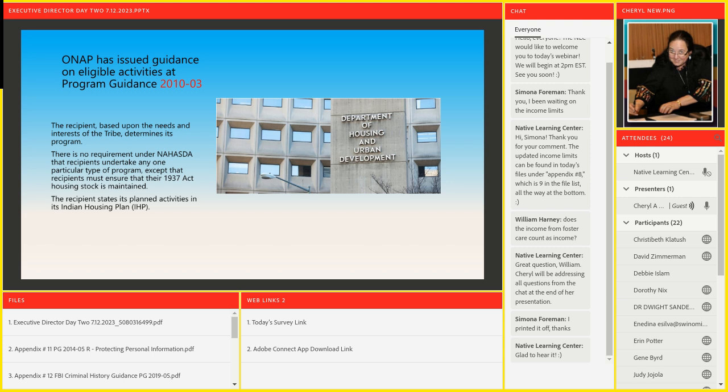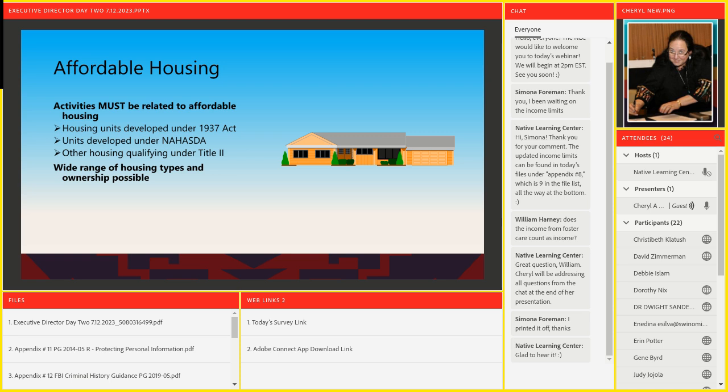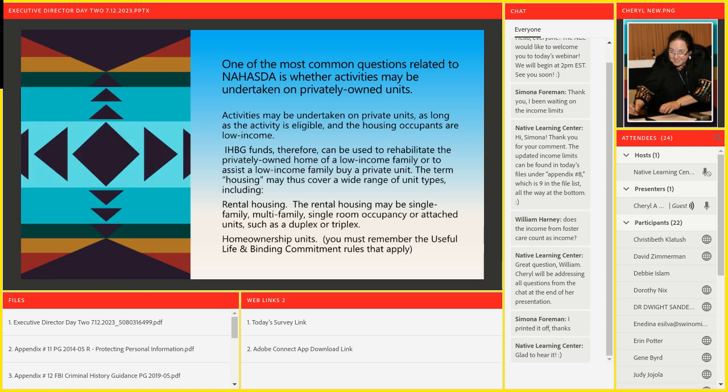You state your planned activities in your Indian housing plan. They have to be related to affordable housing. Your housing units developed under 1937, other housing qualified under Title II, and your units developed under NAHASDA. There's a wide range of housing types and ownership possible.